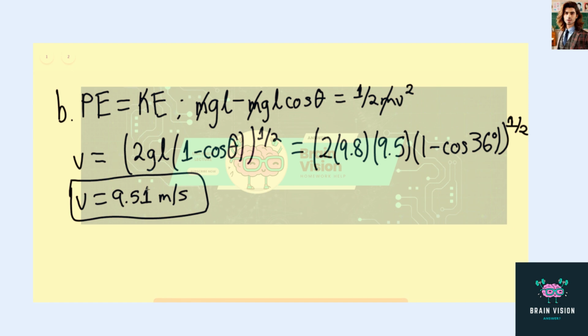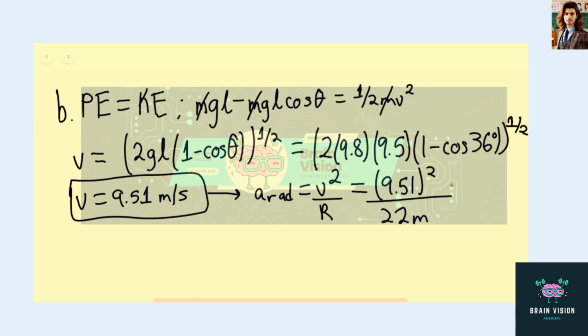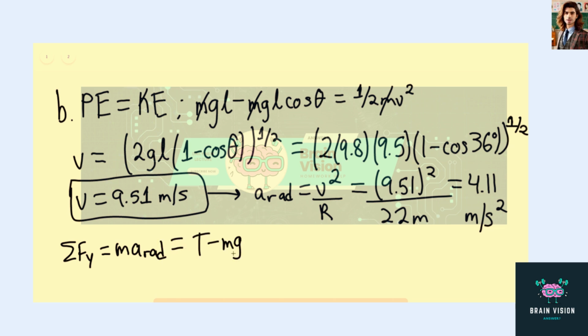Now, once we have this, we can say, okay, the radial acceleration we know to be v squared over r. So let's solve this. We can say 9.51 squared divided by 22 meters, the radius, and this is equaling 4.11 meters per second squared. So at this point, we can find the magnitude of the tension force by saying that sigma F in the y equals the mass times the radial acceleration, and this will be equal to the tension force minus the weight, so mass times gravity.